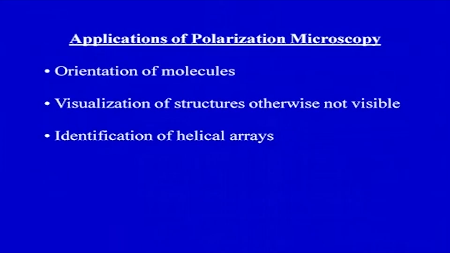Polarization microscopy can be utilized for knowing the orientation of molecules, like I was discussing with you. Birefringence in a cell indicates there is a structure containing oriented molecules, and birefringence measurements give you an indication of how they are oriented. For example, muscle cells have been seen to be parallelly oriented by polarization microscopy.